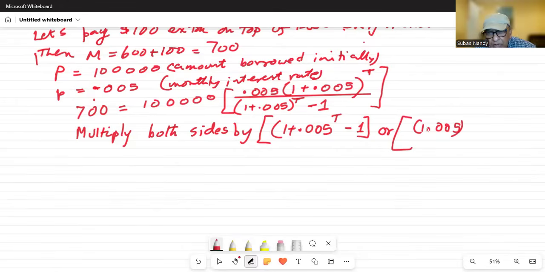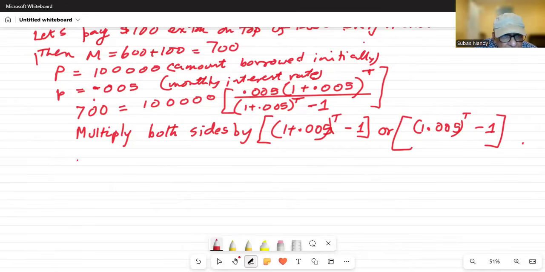I missed a parenthesis here, so I better put that on. Okay, so I'm multiplying both sides by this.